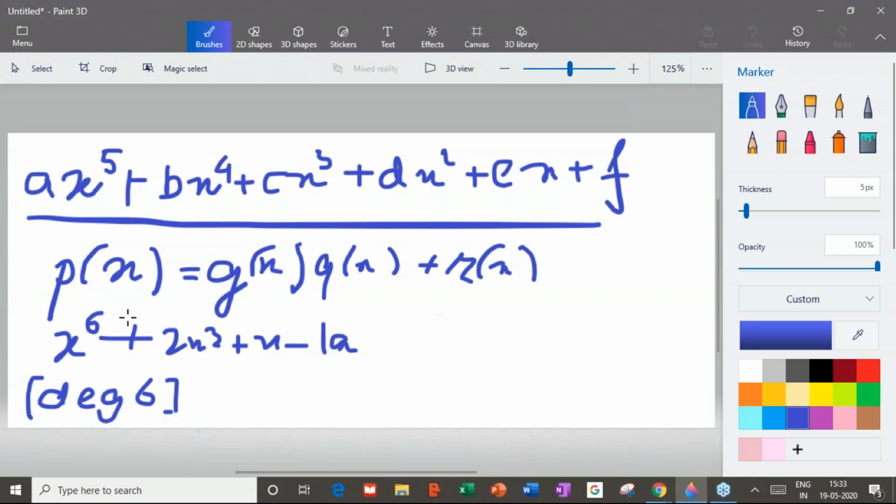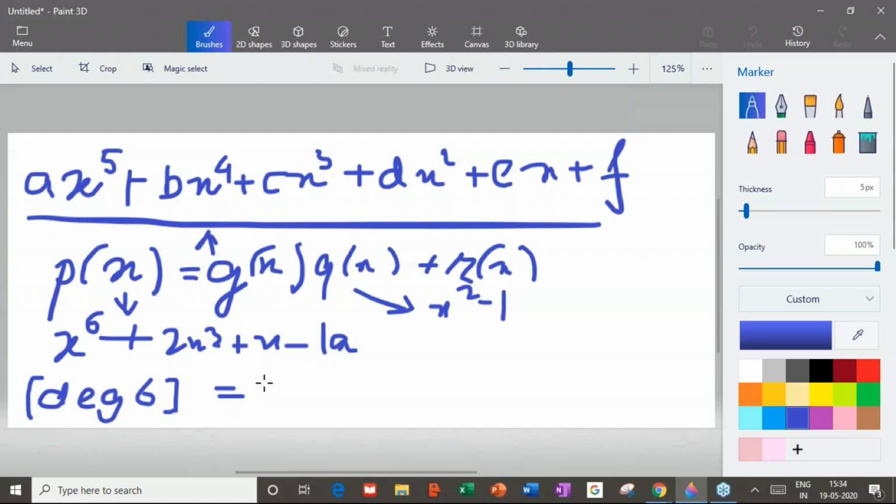Then they are asking whether the quotient can be x square minus 1 and the divisor a polynomial in x with the highest degree of 5.